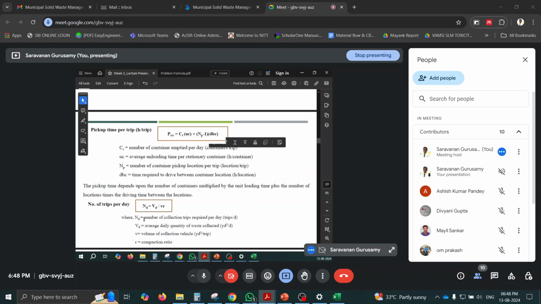The number of trips per day is based on the average daily quantity of waste collected.